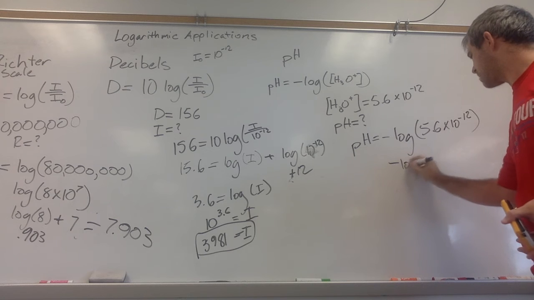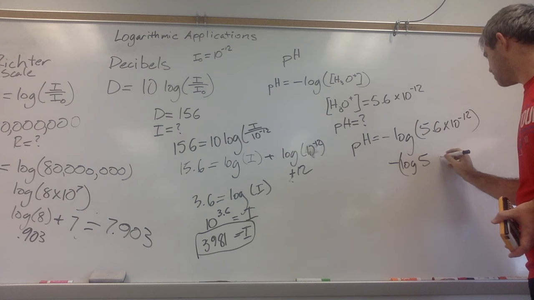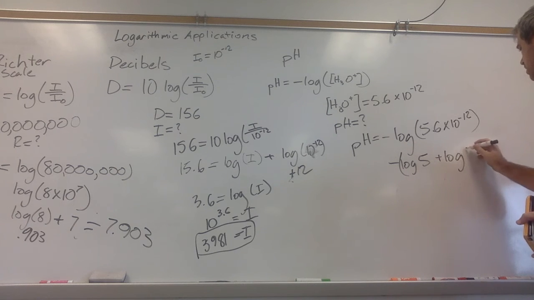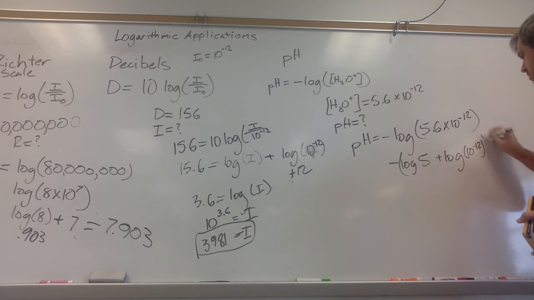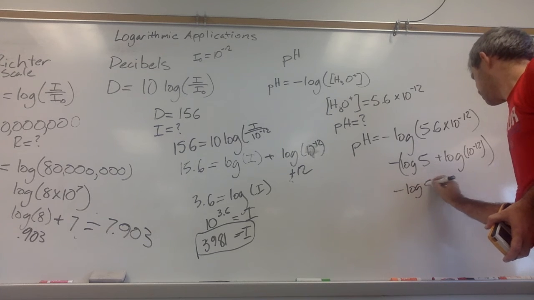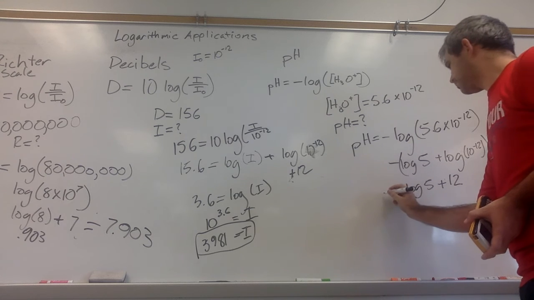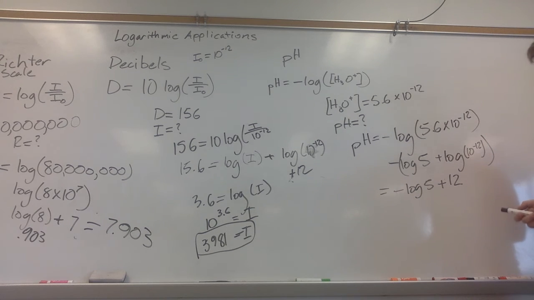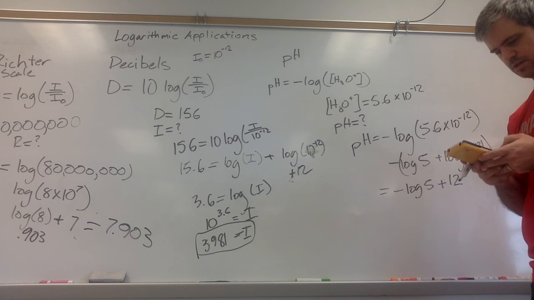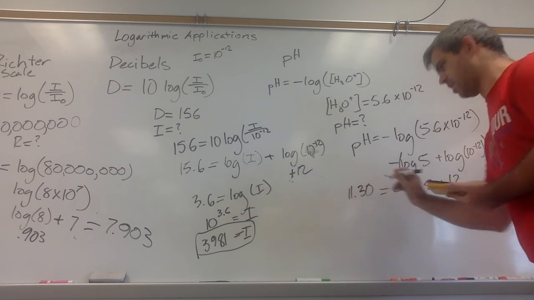Just to practice what we've been learning though, I'm going to go ahead and do this: negative log 5 plus log 10 to the negative 12. So this is negative log 5 plus 12. Okay, so 12 minus log 5 is 11.30.